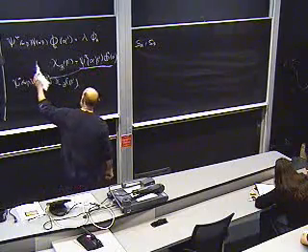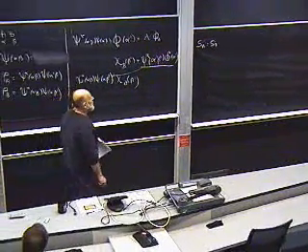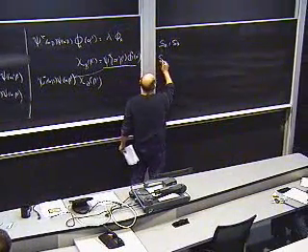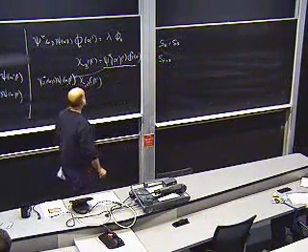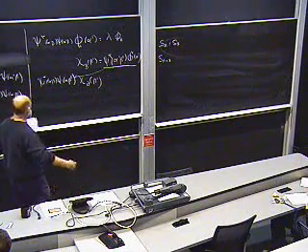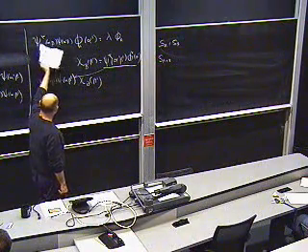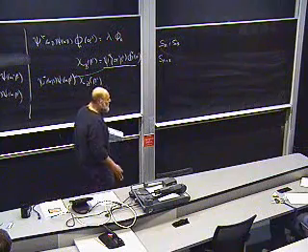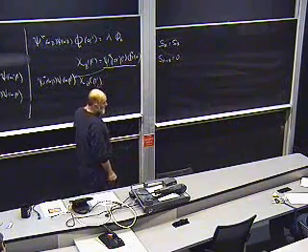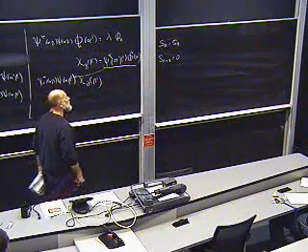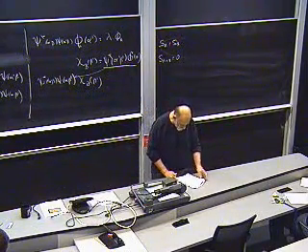Well, if the AB system, the combined system, is in a pure state with wave function psi alpha beta, then its von Neumann entropy is 0, despite the fact that SA and SB are not 0. So this kind of entanglement entropy is not additive. And that's important to remember.